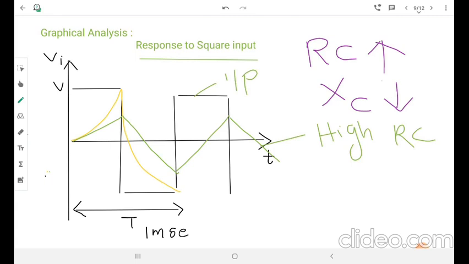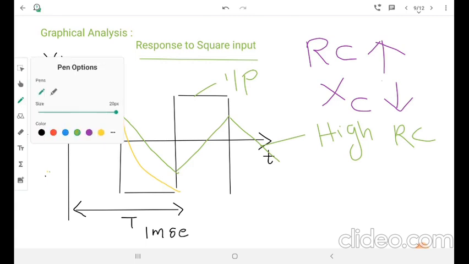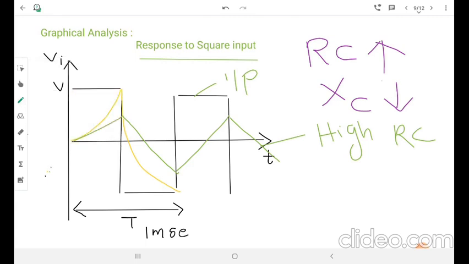If RC is a little bit small, then we will get a waveform like this. If RC is some more high, then the output will be like this, a perfect triangular wave, which we can see in purple color.